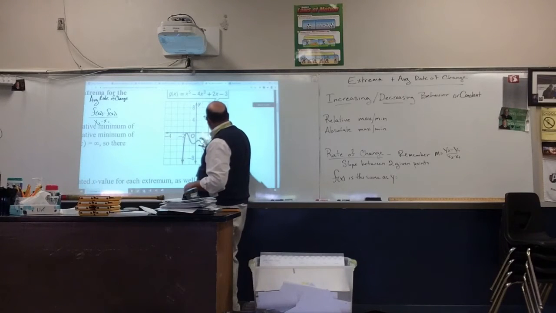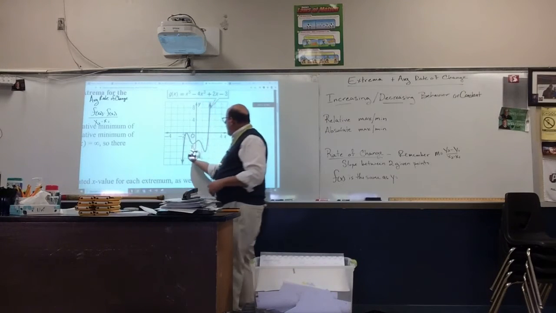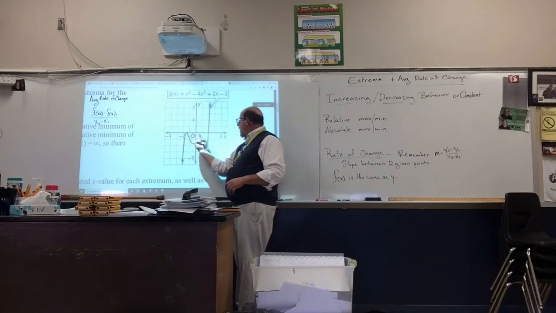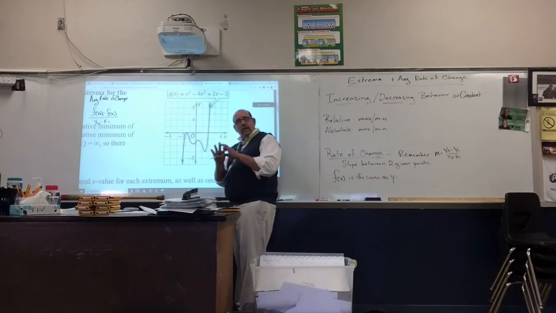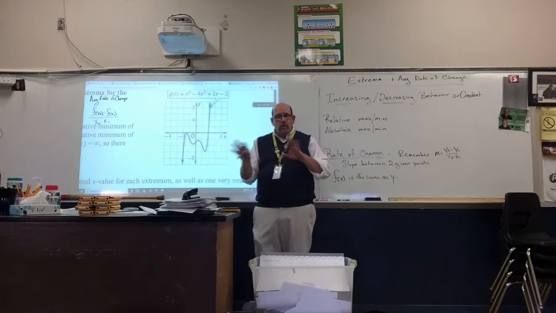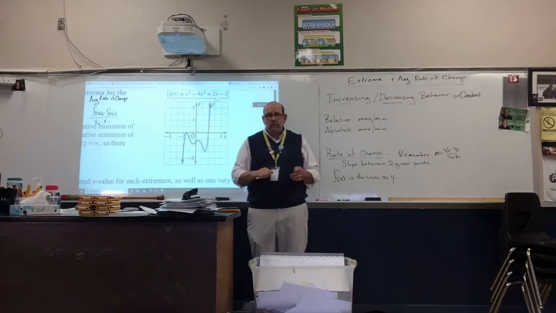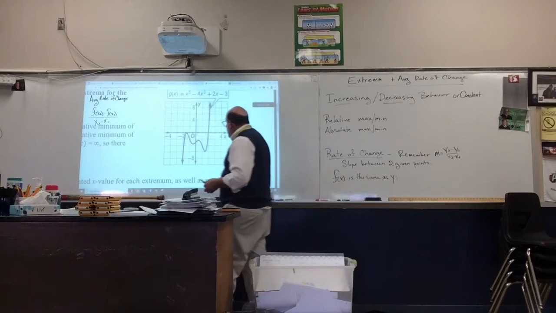But if they said what's happening between negative 0.5 and positive 0.5, you'd say it's increasing, right? They just want you to say, is it going up or is it going down? That's all they want, all right? So that's the easy part.